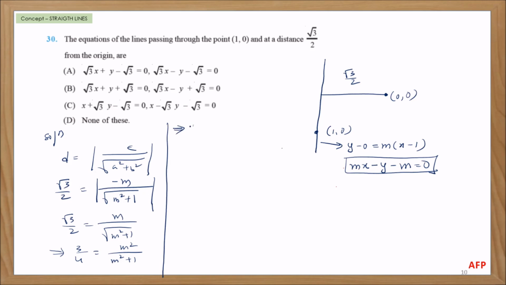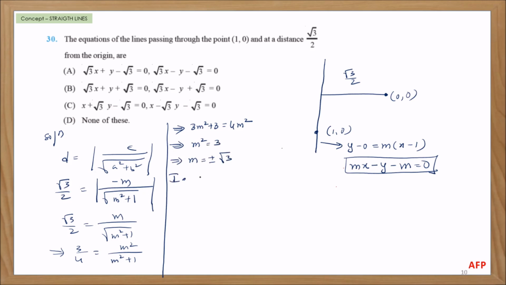Cross multiply: 3m square plus 3 = 4m square. If I send it to the other side, m square = 3. This implies m = plus or minus root 3.